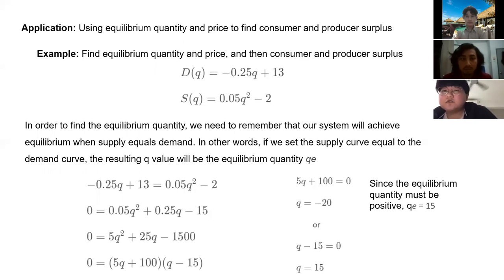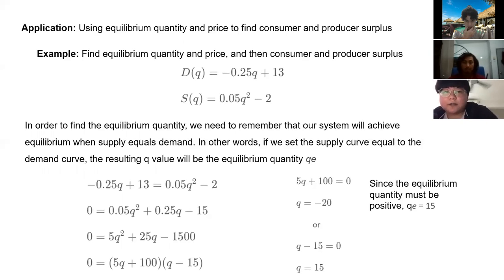In order to find the equilibrium quantity, we need to remember that our system will achieve equilibrium when supply equals demand. In other words, if we set the supply curve equal to the demand curve, the resulting Q value will be the equilibrium quantity QE.